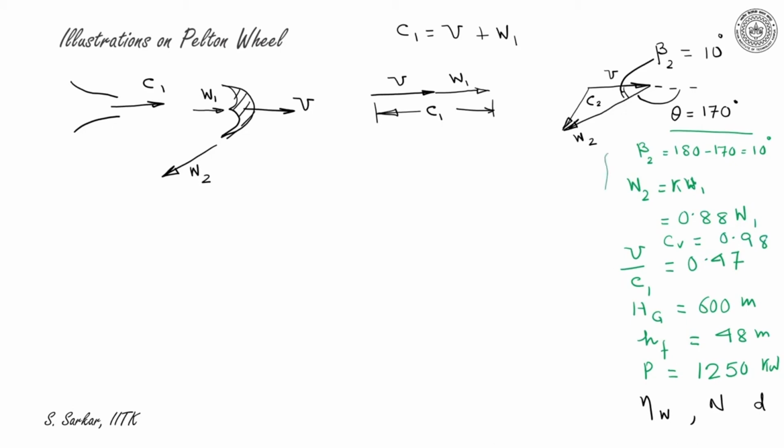So these are the quantities which are given. Hence, eta W, that is efficiency of the wheel, can be stated as power developed divided by energy available.